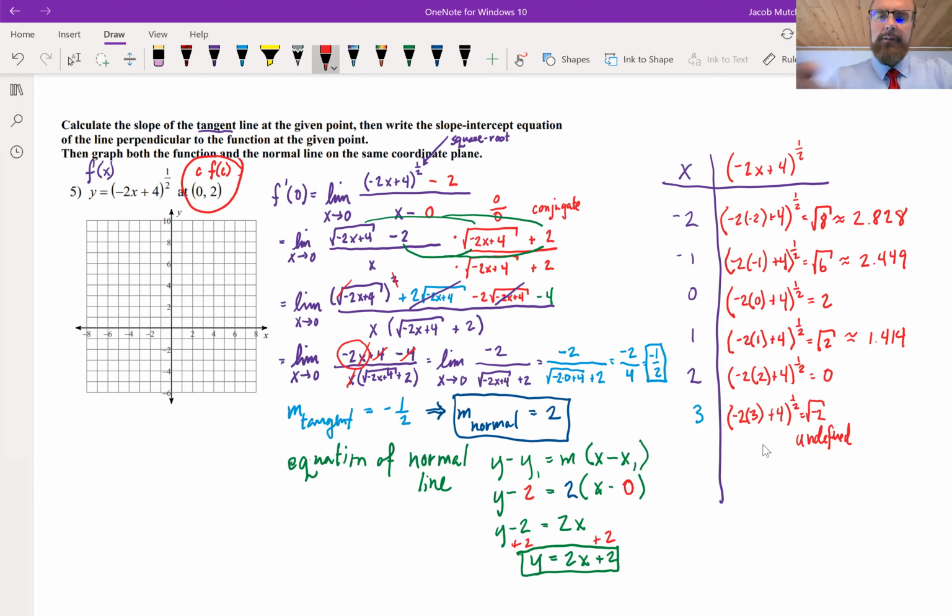So I'm going to graph this function first on the coordinate plane. So it's negative 2, 2.8, so almost at 3. Negative 1 is pretty close there. It's just about 2.449, 2.45. 0 is exactly at 2, so that's the y-intercept. 1 is 1.414, that's the estimate of the square root of 2, and then 2, 0 is the vertex.